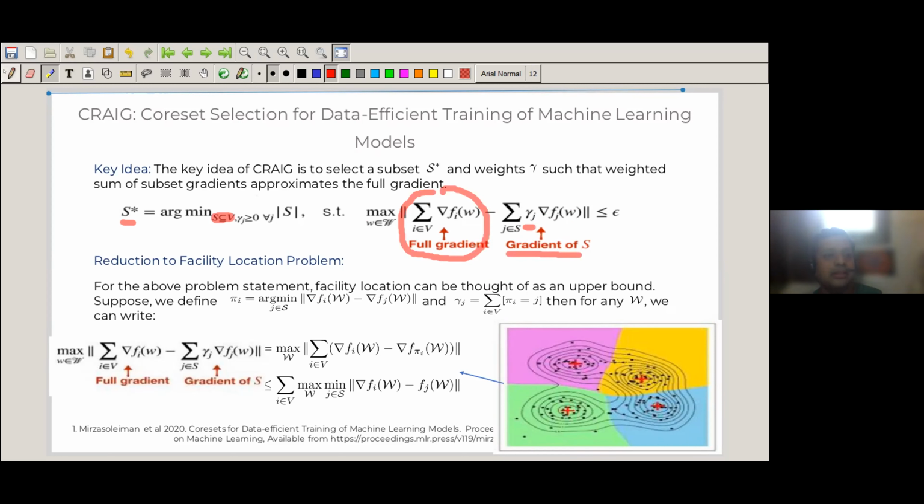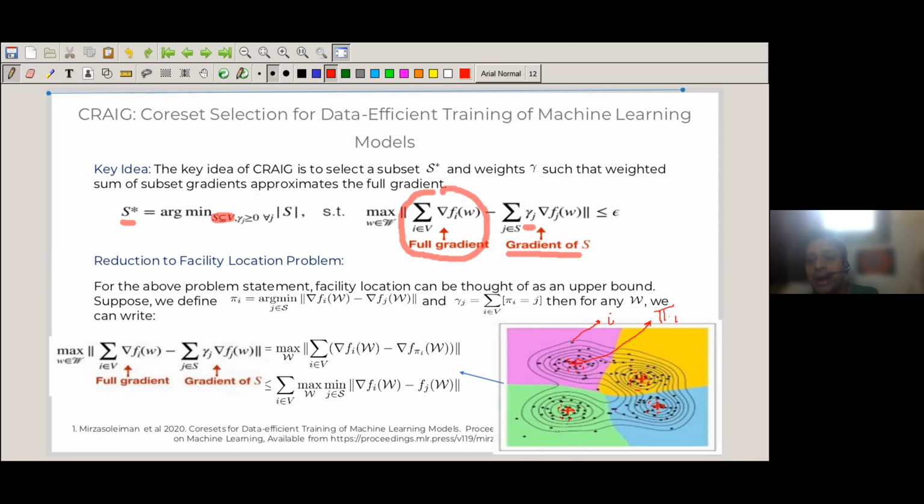Now, let's understand a little bit more jargon here. So here, what you see are these representative points for each subset. The things that are crossed out here are the representative points. Okay, so broadly speaking, let's think of a point here as i. Now for this point i, the cluster or the centroid to which it belongs, call it pi i.